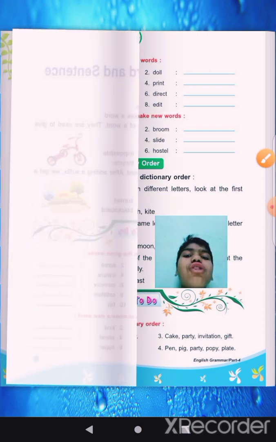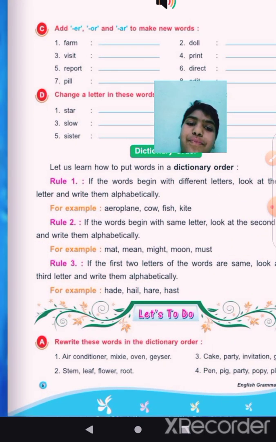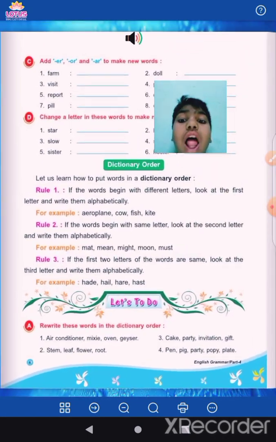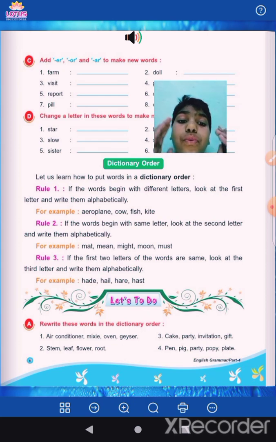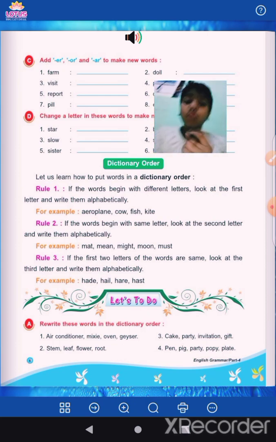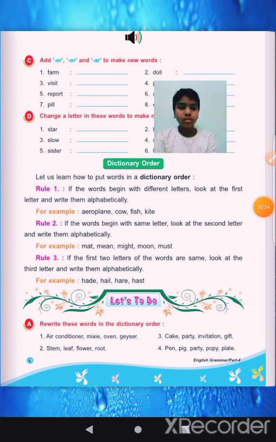Okay, next topic. Sorry, see, dictionary order. I will just read it, then I will explain it to you. Let us learn how to put words in a dictionary order. If we have some questions like put these words in dictionary order, how shall we do it?